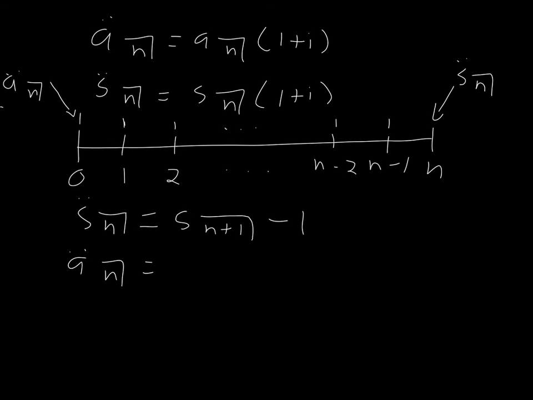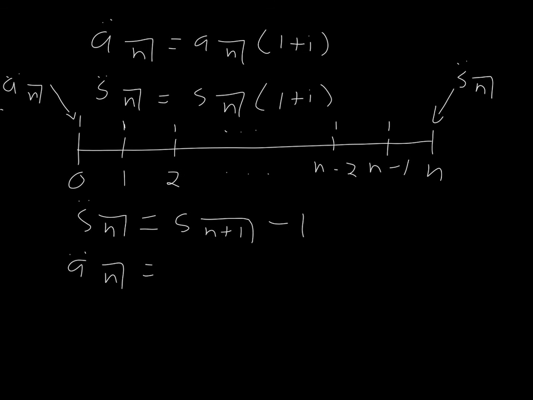If we had a present value of an annuity immediate, that 1 at time 0 would not be there. So suppose it's not there. So I'll very carefully erase this 1 that's here. And now I have n minus 1 payments.